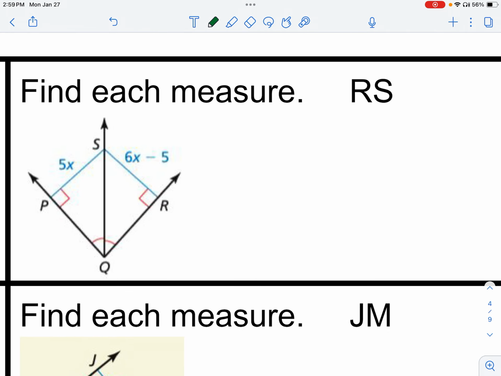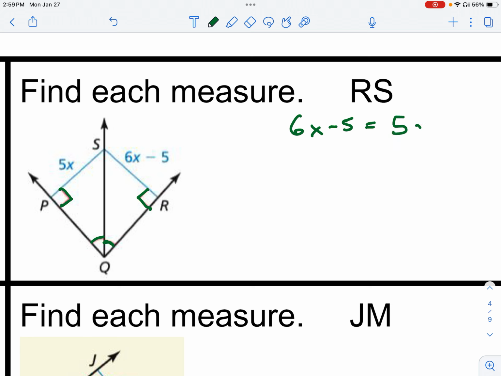Let's find RS. Well, here it shows the angles are congruent. So ray SQ is the angle bisector. So SR and SP have to be congruent.